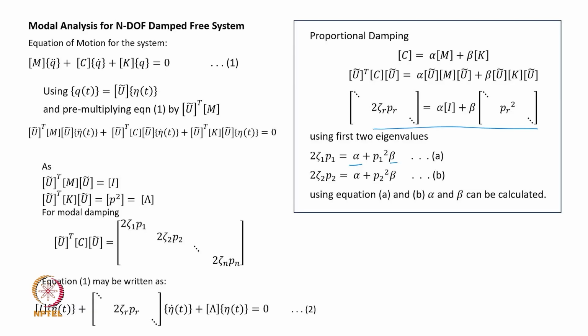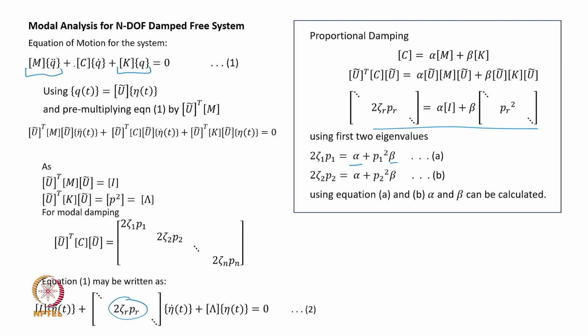So, this is something which we already discussed. Apart from diagonalizing the inertia related term, that is the mass times acceleration, and stiffness times the response, both these matrices were shown to get diagonalized because of the modal transformation.